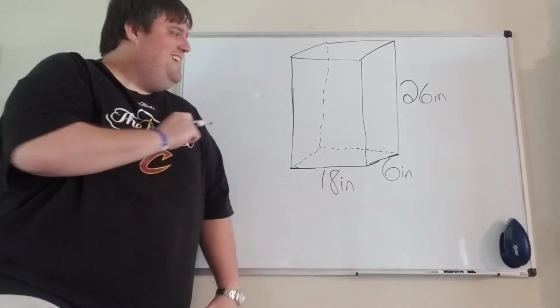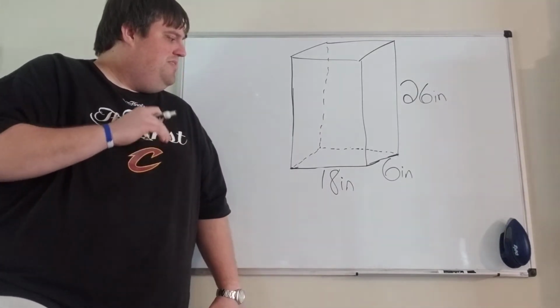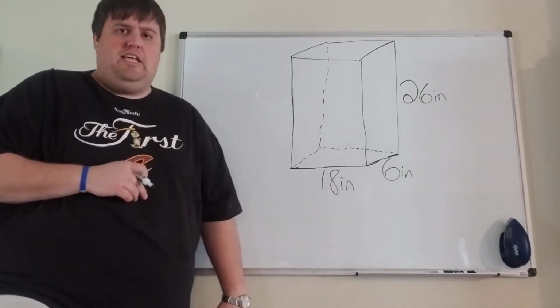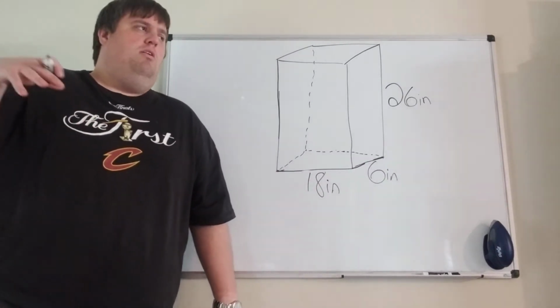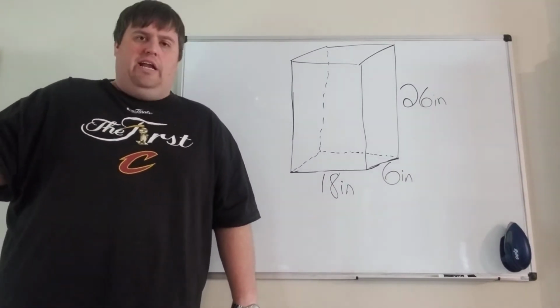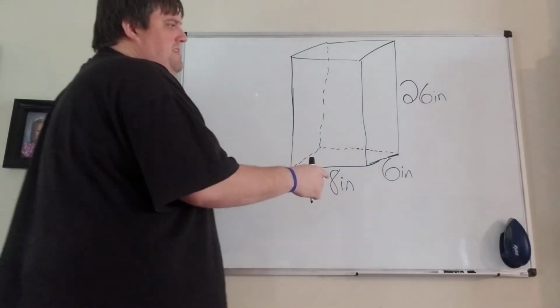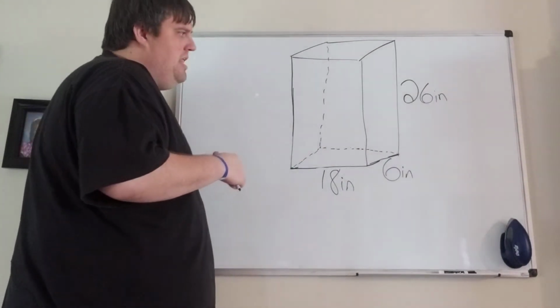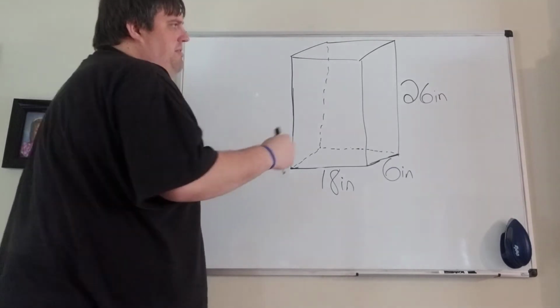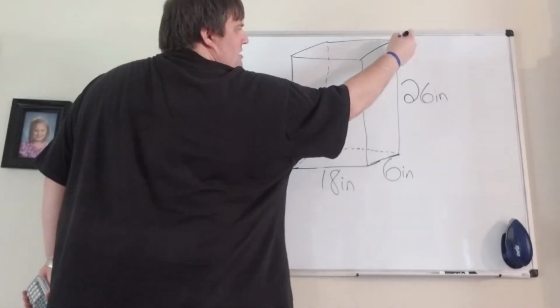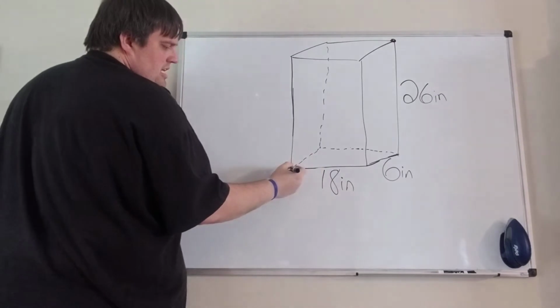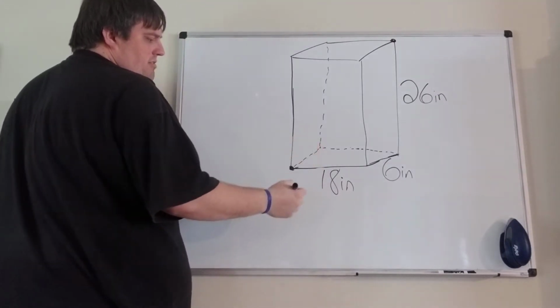But anyway, this is the type of problem that says something like, what is the longest item that you can ship in a box that's 18 inches by 6 inches by 26 inches? And the answer is always going to be from one diagonal to the other farthest diagonal.